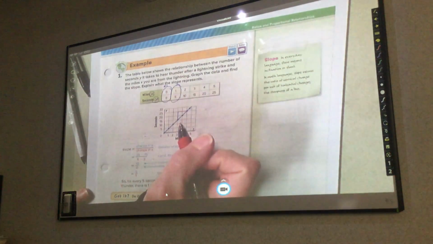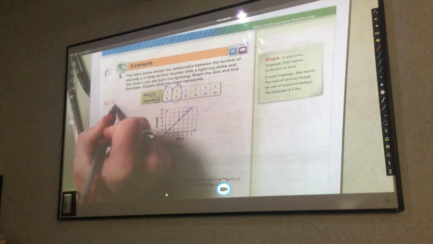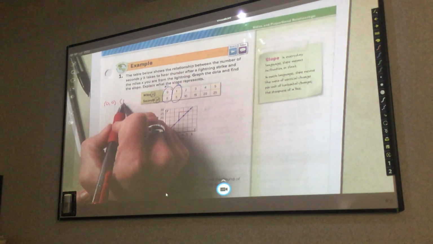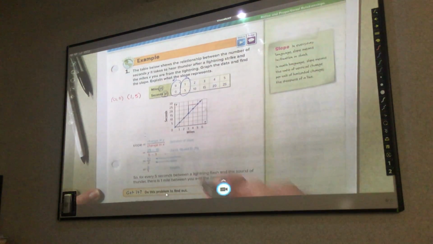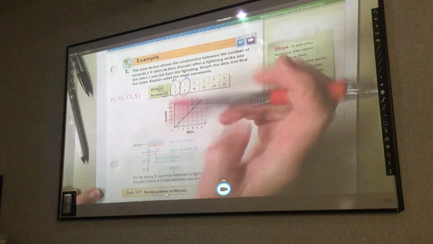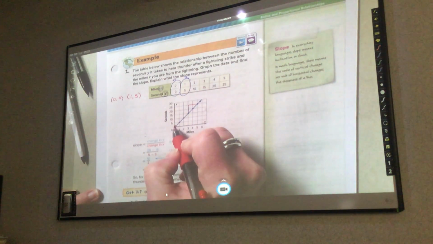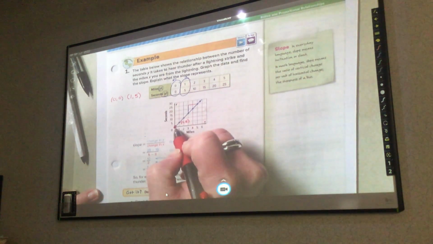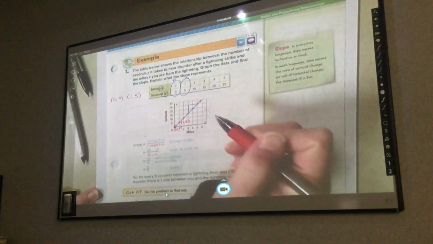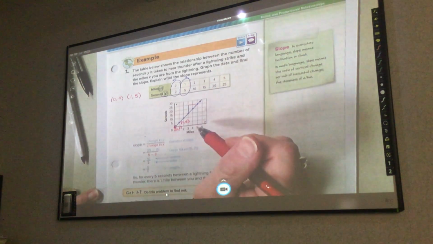If you have to, you can rewrite it. Point 1 is 0, 0. Point 2 is 1, 5. Let's just find our slope. Here it is, 0, 0, 1, 5. You're writing on both the chart and the graph.